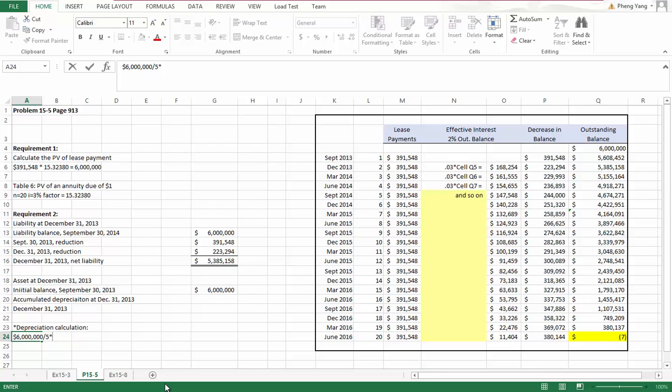Okay, so only 1 quarter passed. You can do 4/12 or 1/4. That should equal 300,000 for depreciation.